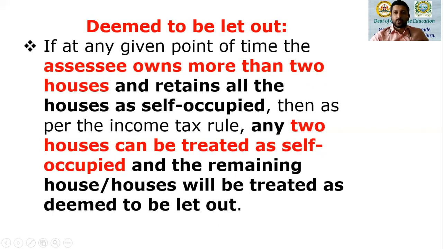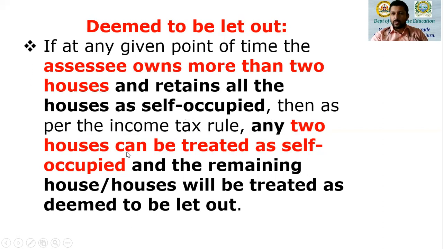What does the income tax rule say? The income tax rule very clearly says that at any given point of time, if the assessee owns more than 2 houses, more than two meaning 3 or more, and retains all the houses as self-occupied, then as per the income tax rule, the assessee can claim any 2 houses as self-occupied.